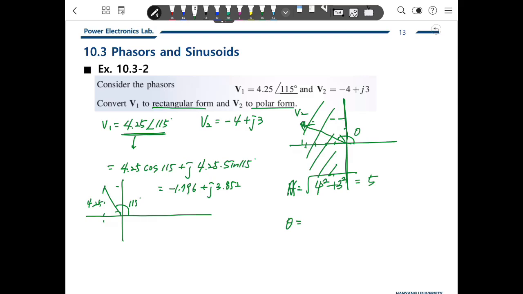So theta is 180 minus arctangent of 3 over 4, because the real part is minus 4. So there will be 143 degrees, and we can express that as 5 at 143 degrees.